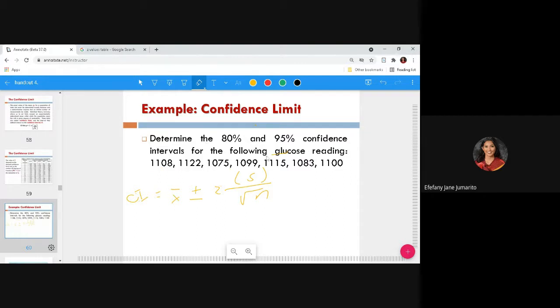Now, if we are given this one, so first thing to do is we will calculate the what? What is this kaning x prime or x bar? Sorry. This is your mean. Okay, so this is your mean. So what is the mean of these samples? Calculator.